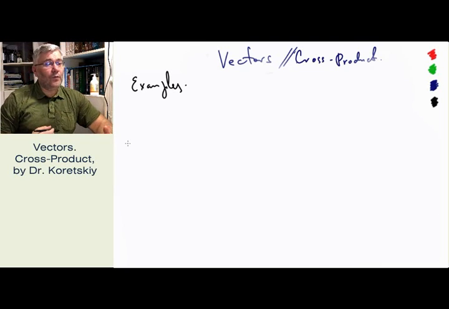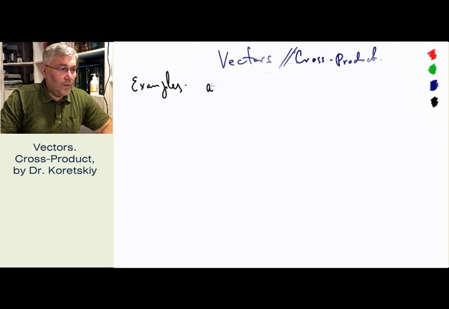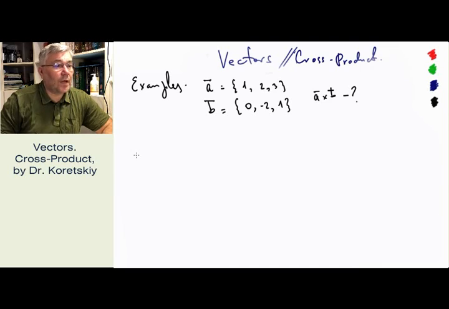And firstly, we can calculate some examples. For example, if you have a equal 1, 2, 3, and vector b is 0, -2, 1, and we have to calculate a cross product b, something unknown.